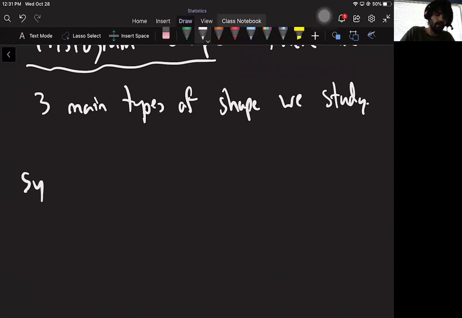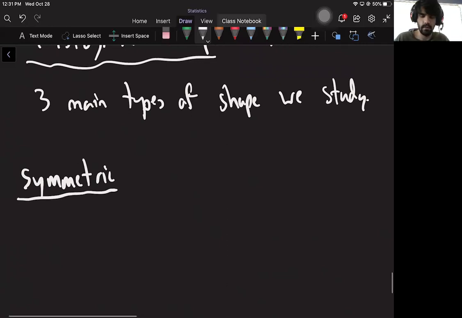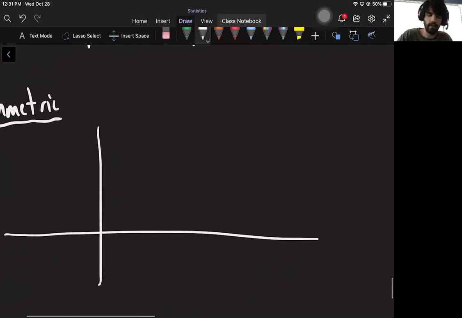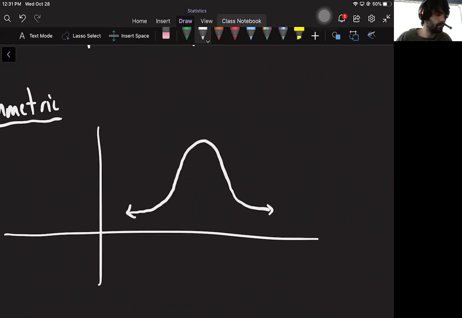Okay, so the first is a symmetric histogram. A symmetric histogram is exactly what it sounds like. It means that there's a symmetric bell that you could fit over your data.